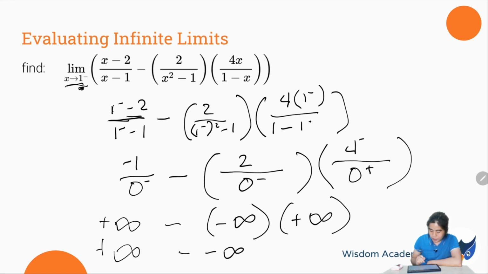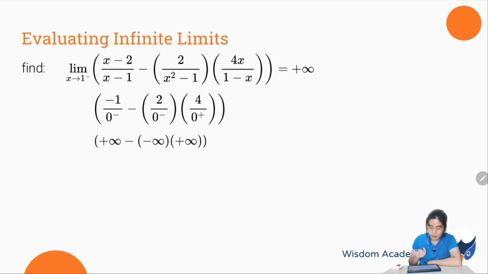And positive infinity minus negative infinity, this will be equal to infinity plus infinity, which is equal to positive infinity. So our final answer here will be positive infinity. Okay? Yan.